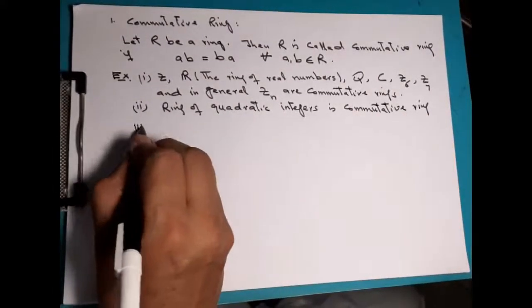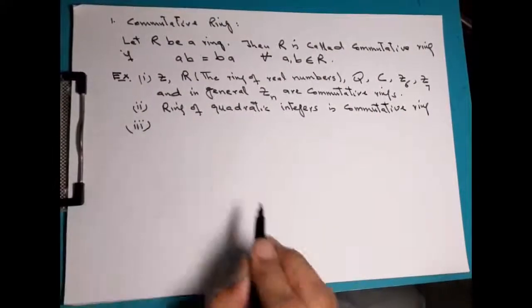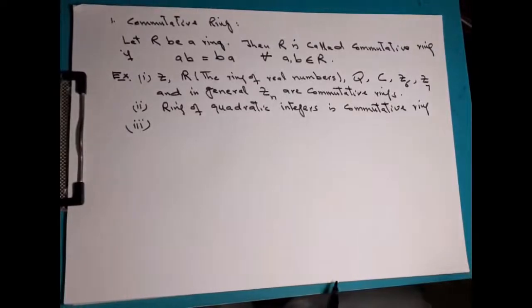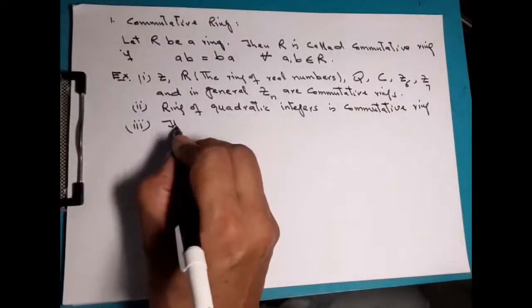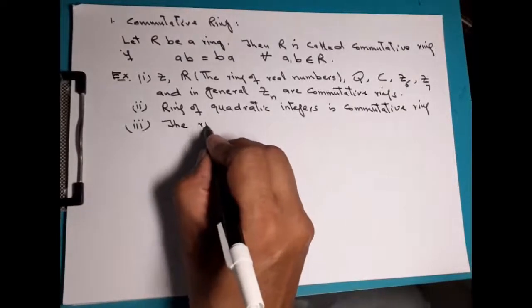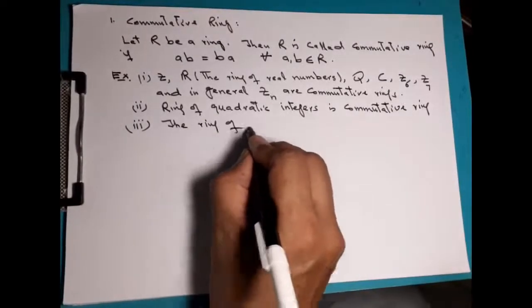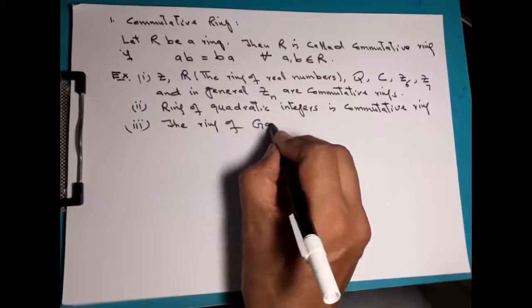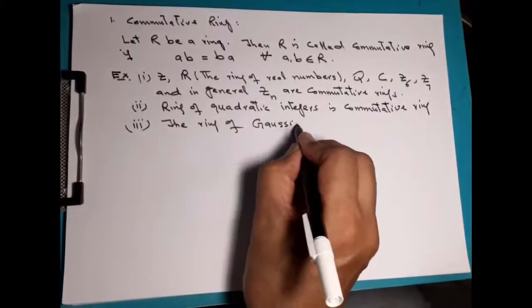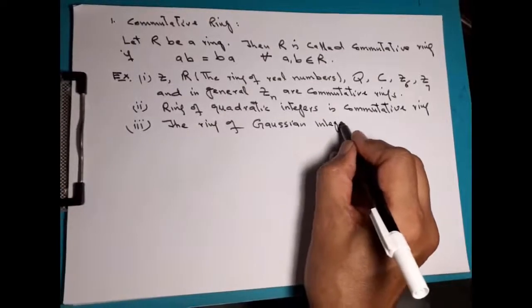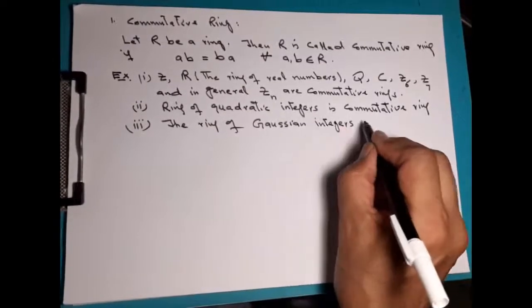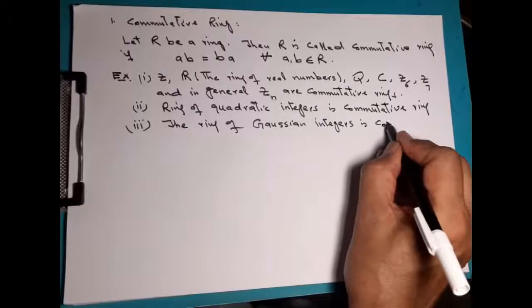Then the ring of Gaussian integers is a commutative ring.